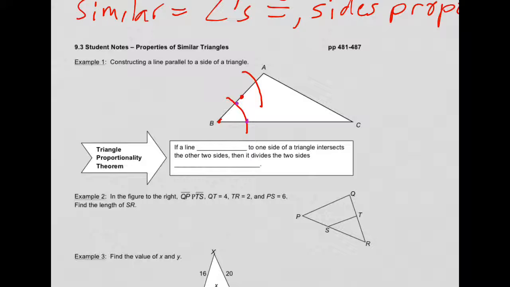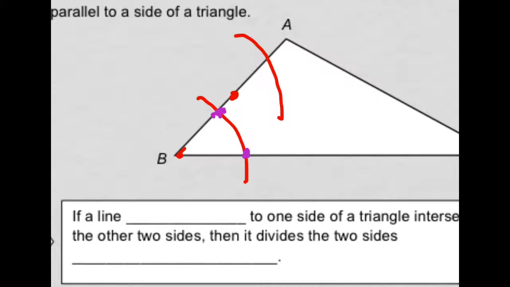Hopefully this should look a little bit familiar to you. And then we take those 2 points where these guys intersect, and then we would measure the distance between that and that with our little compass.